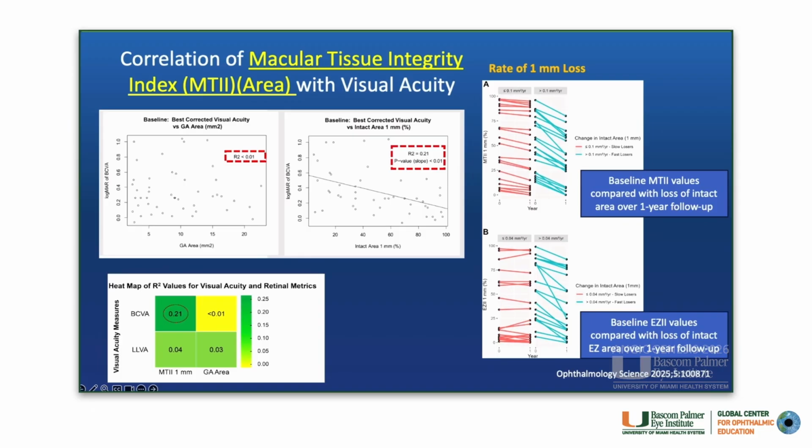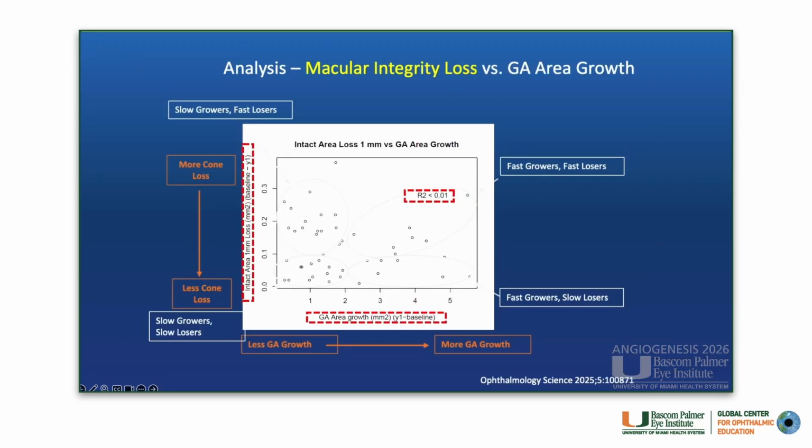Again, understanding what our predictors of both EZ loss and photoreceptor loss in the center 1 millimeter are is still unclear. And in fact, we demonstrated in this paper that there was no correlation between the rates of geographic atrophy and the rates of center 1 millimeter loss. Again, suggesting that cone loss and rod loss are different and highly heterogeneous.